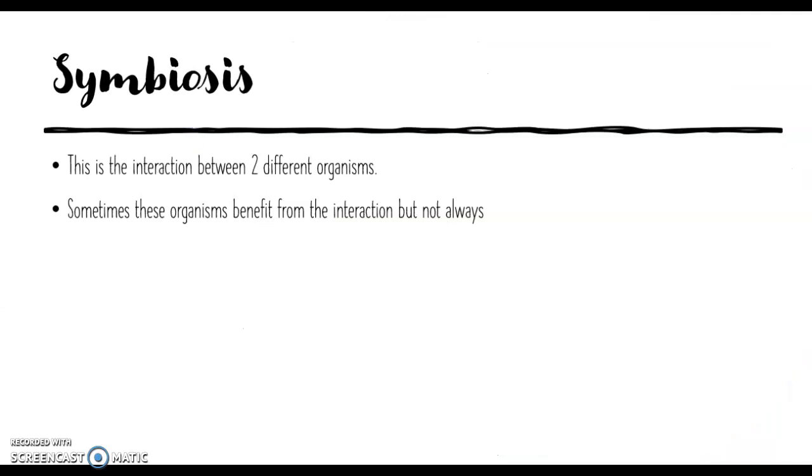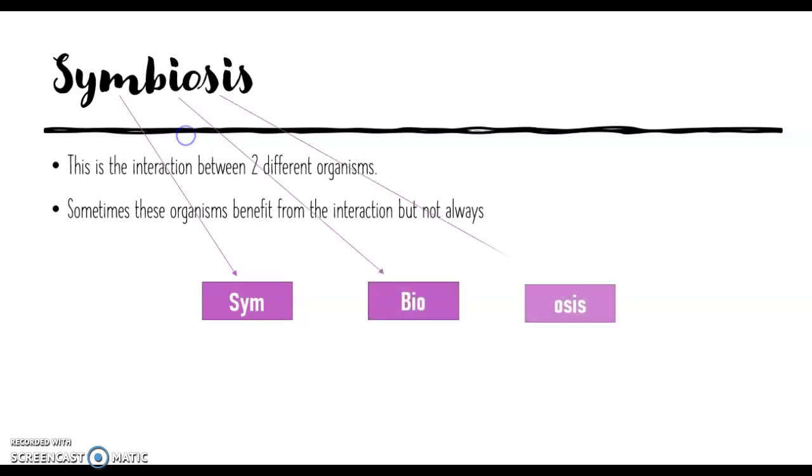All right, the next section we're going to be talking about, and we're just going to introduce it today, is symbiosis. Well, what does this word mean? All right, well, scientists long time ago, remember, they came from different countries and they decided instead of learning 100 languages so they can communicate with each other, they decided to pick Latin and Greek.